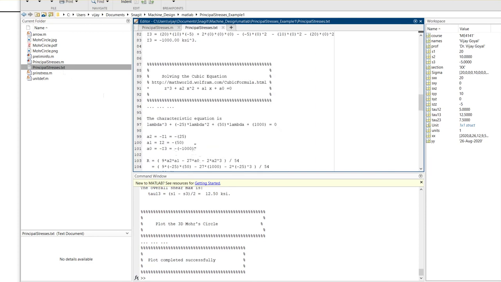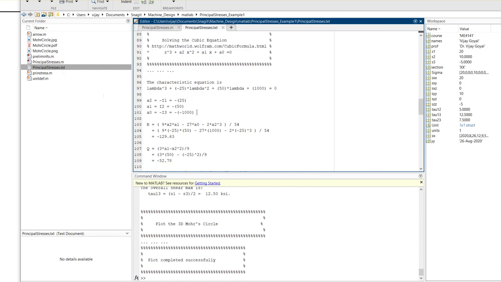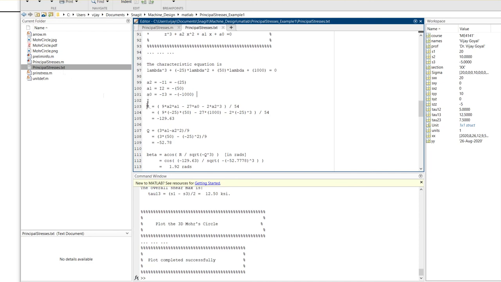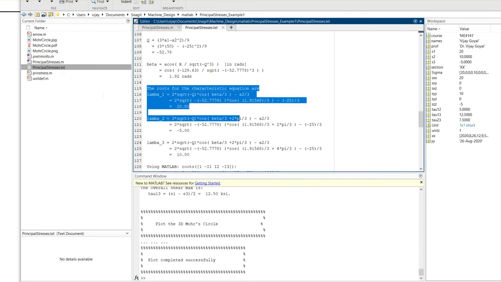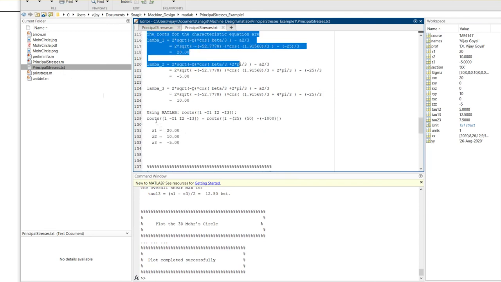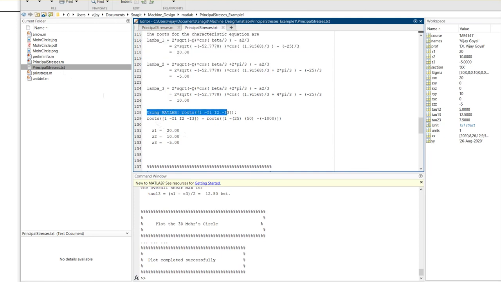And this is the characteristic equation given in this form. This problem I basically did using the long form just to show you how it's done. So replacing all the values, you get this. You could have also done this using the MATLAB command called roots.